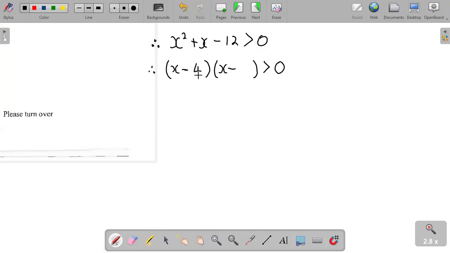If we want to have a positive, it means the bigger number must be positive, so the 4 here must be positive. Then, if we have an inequality, we must test the numbers, okay? So the solutions that we're going to have here are negative 4 and positive 3.